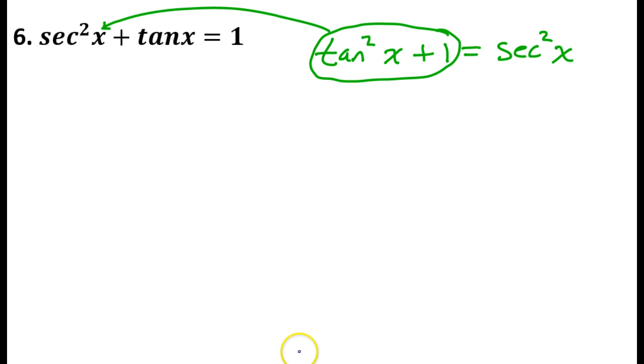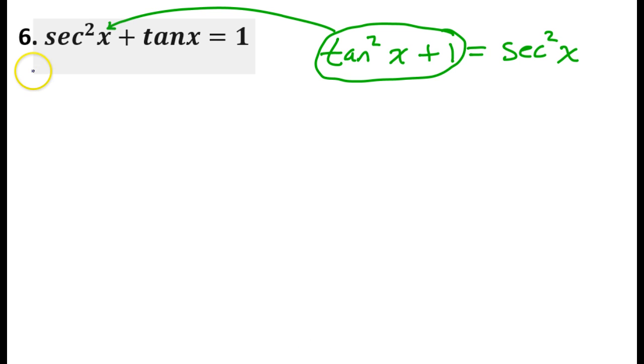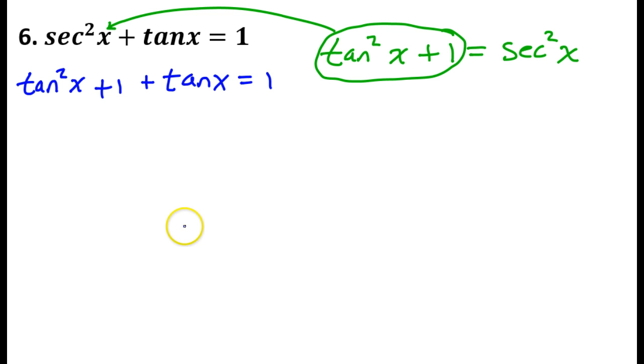All right, so at that point I will have tangent squared x plus 1. All right, just put that in right there. Now I'm going to bring down my plus tangent x is equal to 1. Okay, now I need 0 on one side, so I'm going to subtract 1 from both sides.